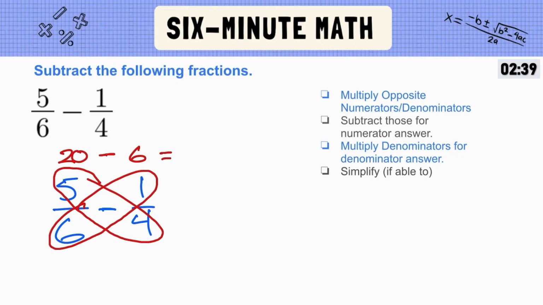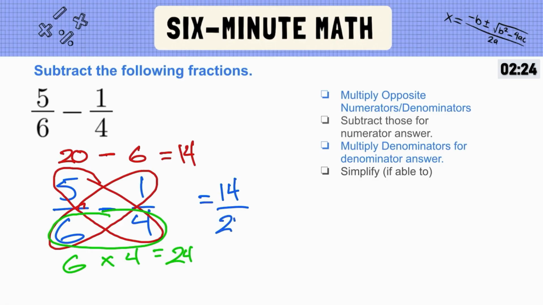I am subtracting those for 14, and then I multiply those denominators. 6 times 4 is 24. This gives me an initial fraction of 14 over 24, but my last step, as always with fractions, is to simplify. This one can be simplified to 7 over 12.